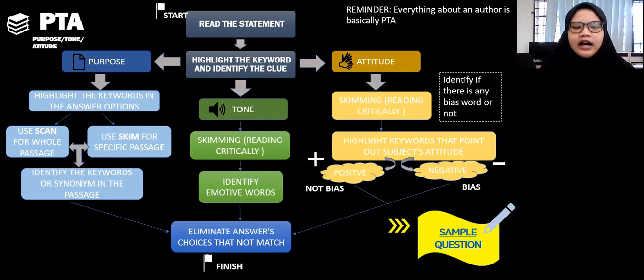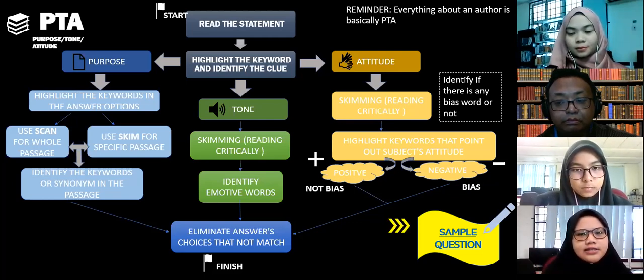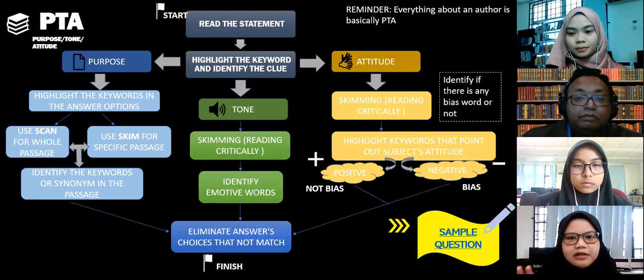Then, you need to identify the keywords or synonyms in the passage. This is because sometimes the words used are different but give you the same meaning. With that, you have to match the keywords or synonyms in the passage with the answer options, like the verb.